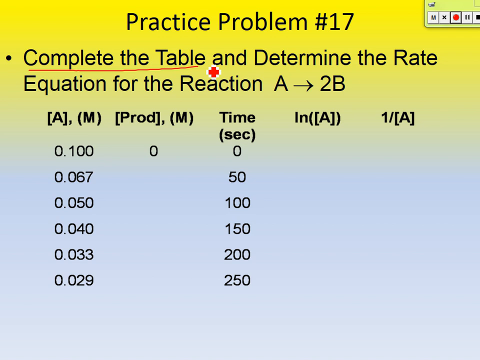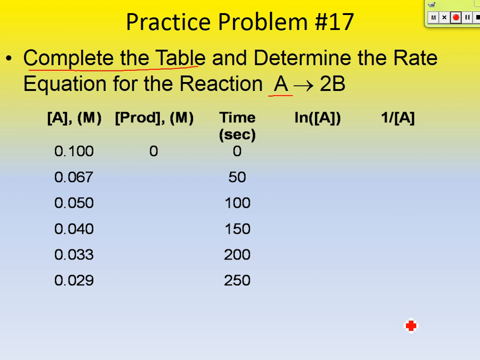Well, it's given us a few things here. It's given us the concentration of this reactant A, and it's also giving us the time values. But it's not giving us a couple of columns here, the natural log of the concentration and 1 over the concentration of A. So what we're going to do first is complete the table.